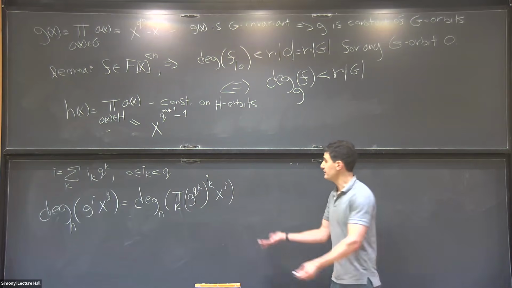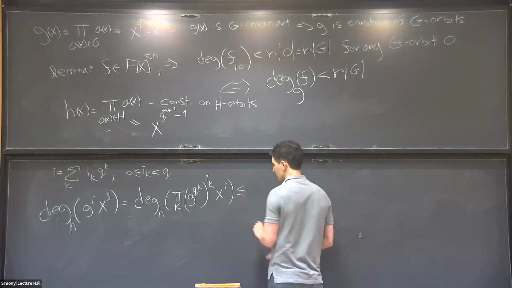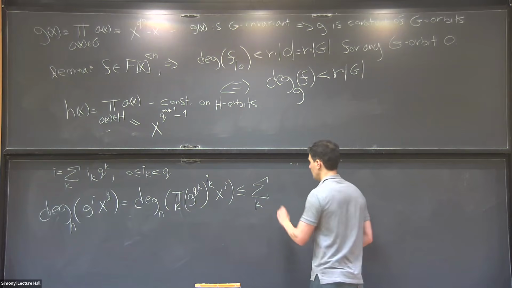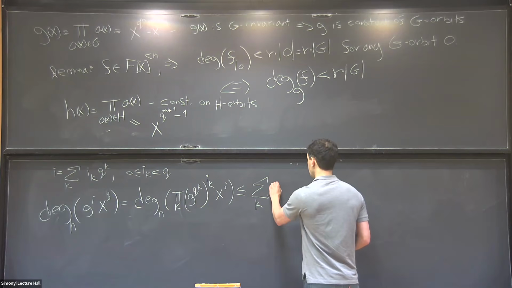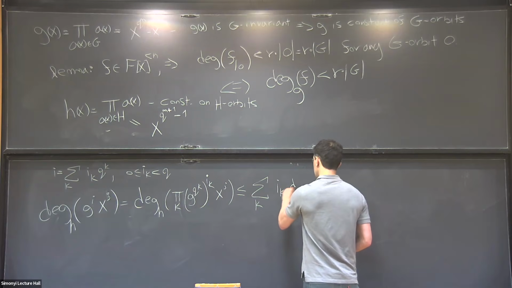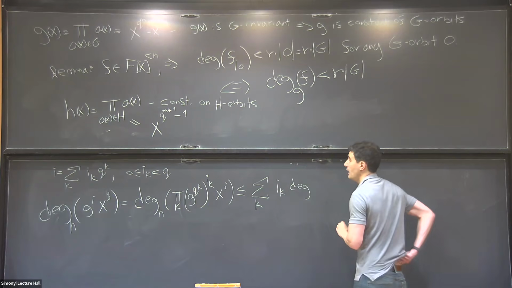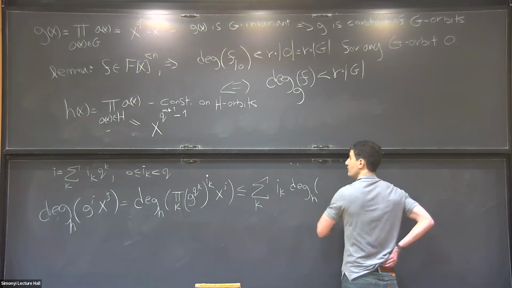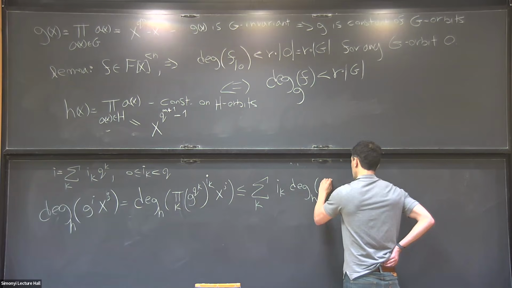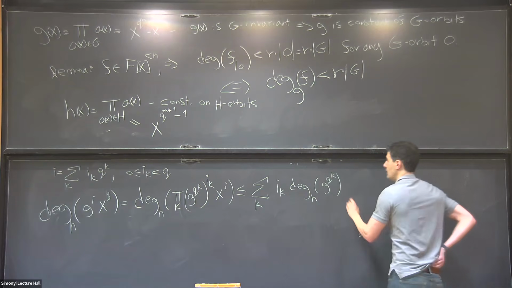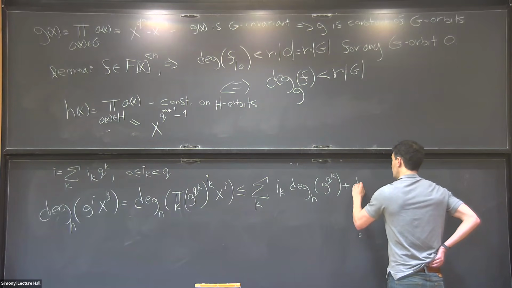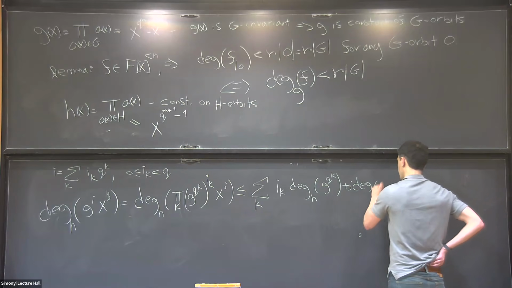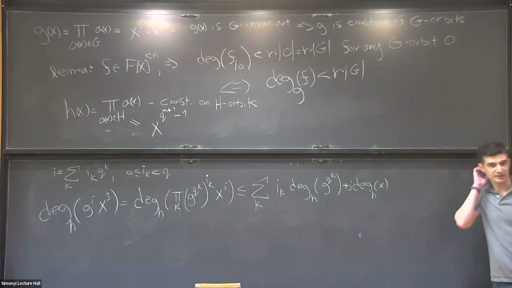Now I use subadditivity. So this is less or equal, by subadditivity, to the summation over k of I_k times the H-base degree of G to the Q to the k, plus the H-base degree of X to the J, which is J times the H-base degree of X. This is by subadditivity.